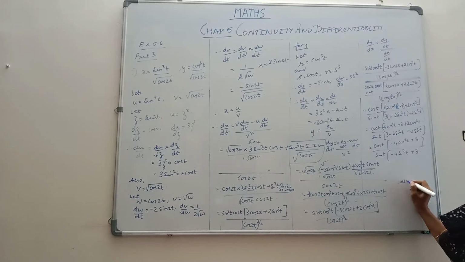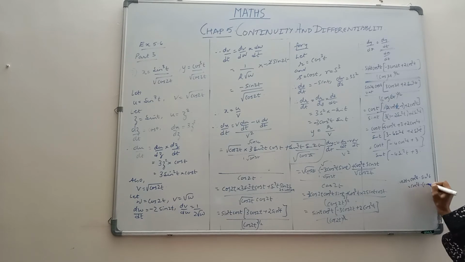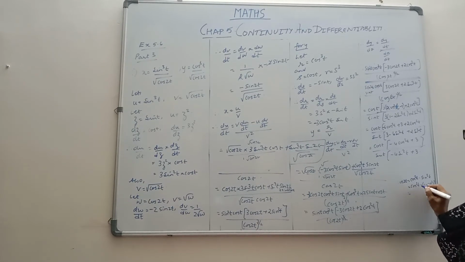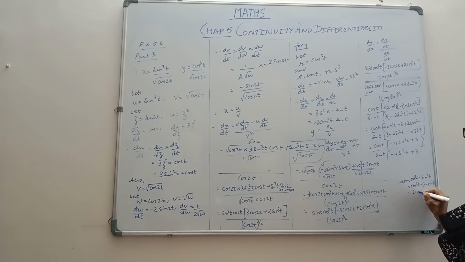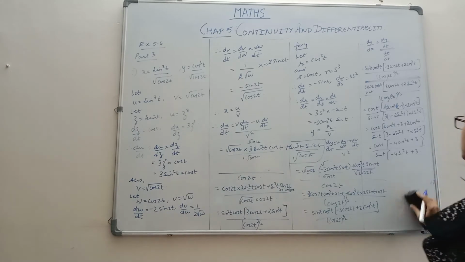Cos 2t is cos square t minus sin square t, cos square t minus 1 minus cos square t. So it is 2 cos square t minus 1. That's correct.